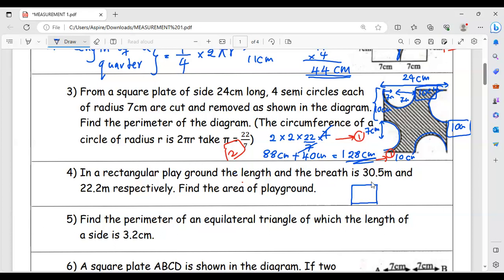Find the area of the playground. Then it is 30.5 meters in length, 22.2 meters in breadth.